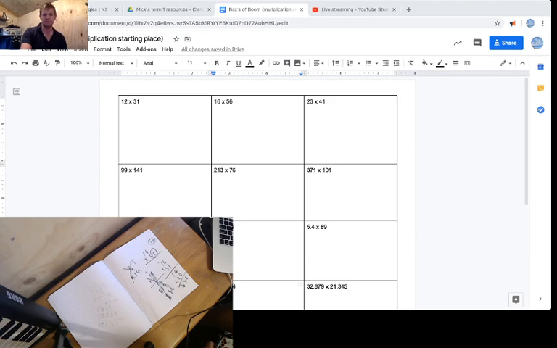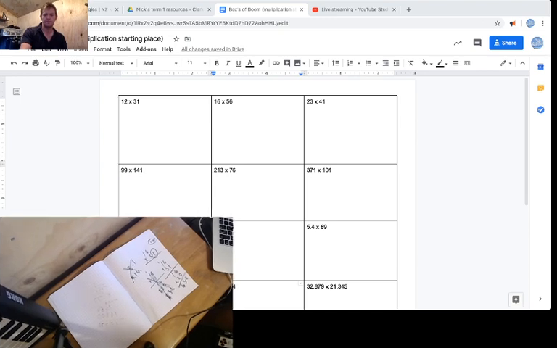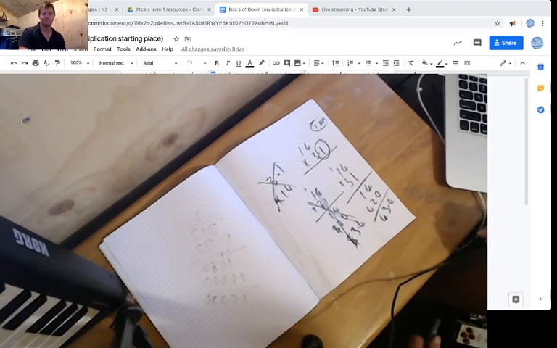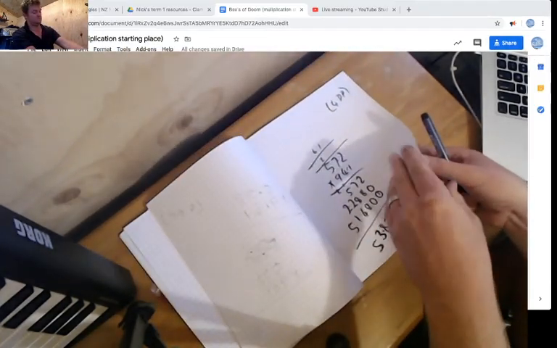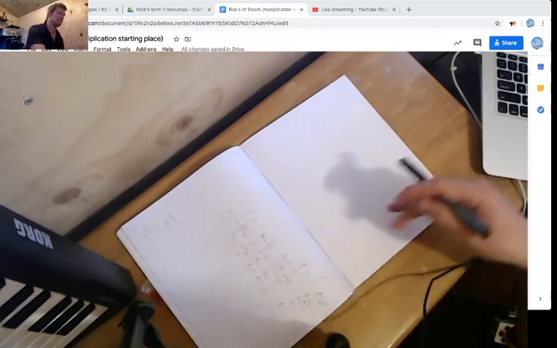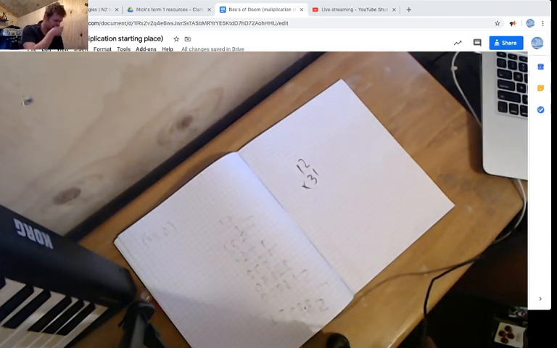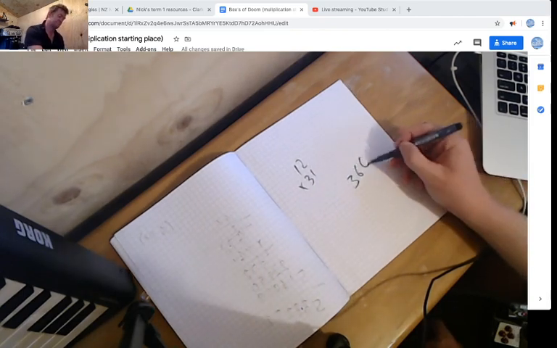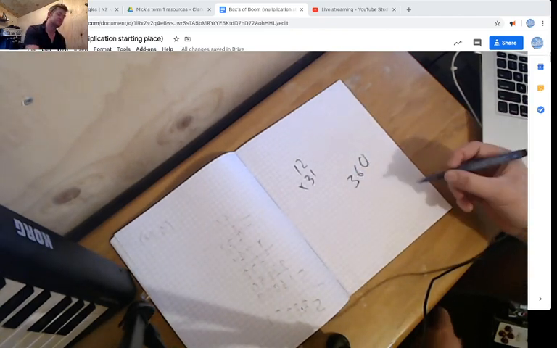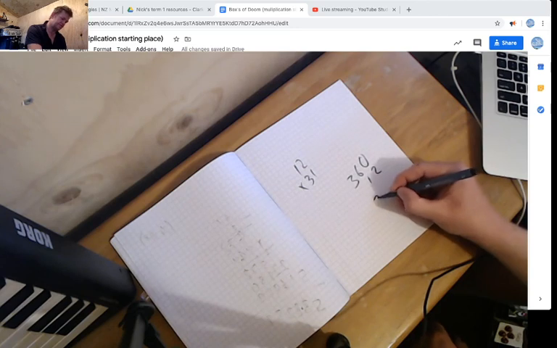So, for example, my thinking on 12 times 31. Just so you see an example, 12 times 31, you could do it like that. Or you could go 12 times 3 is 36 and add a 0. So that's what you're essentially doing, using place value here, and then 12 times 1 is 12. 372.